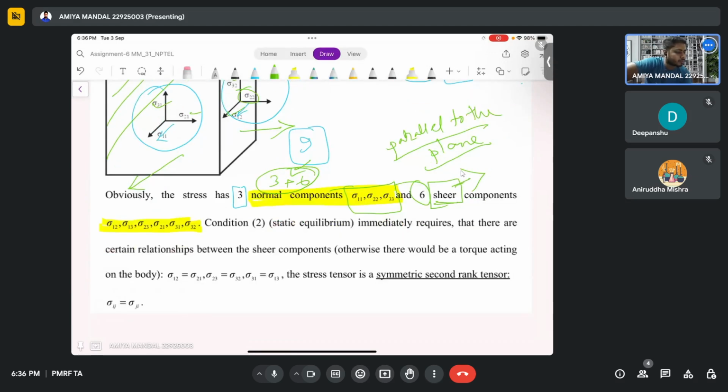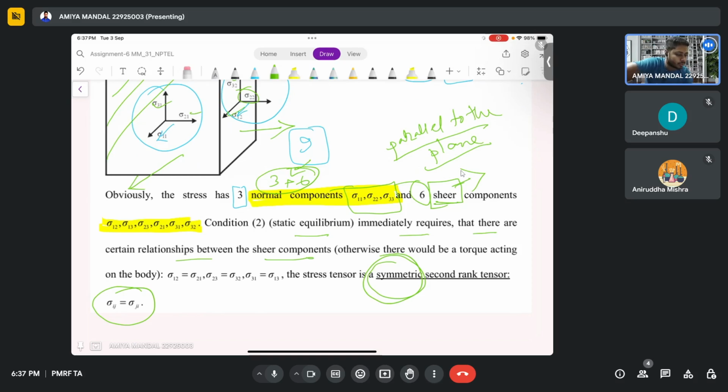Now, in statics there is a certain relationship for the shear components. If this is a symmetric second rank tensor, then, as I have previously told, there must be symmetry in their components.